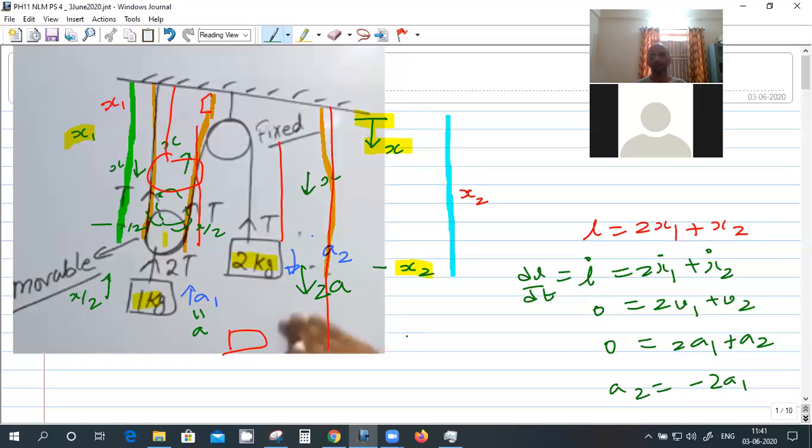Is that clear? a2 is twice a1, and the direction is opposite, which is why we get the negative sign. In a 1D problem, you can capture the direction by the sign of the quantity, and I have defined my positive sign as downward. So the 2 kg block is moving down by 2a, and the 1 kg is moving up by a.